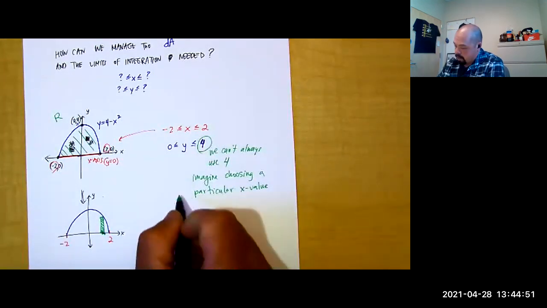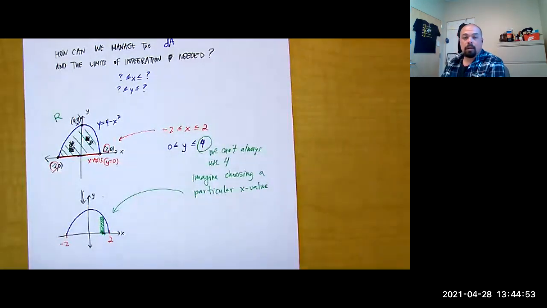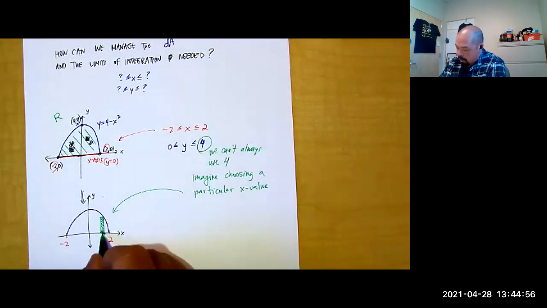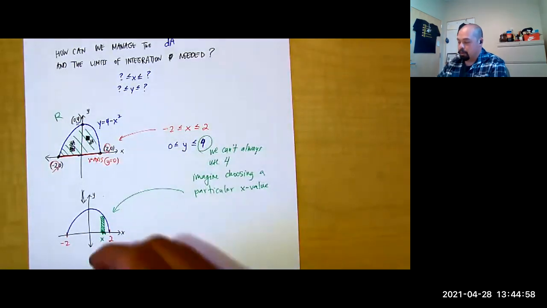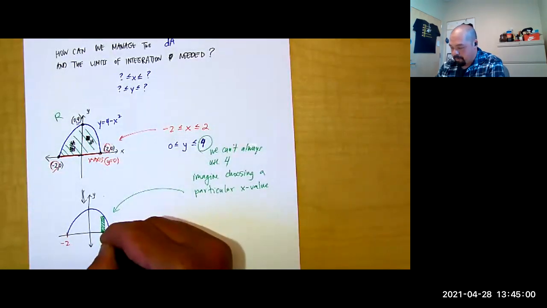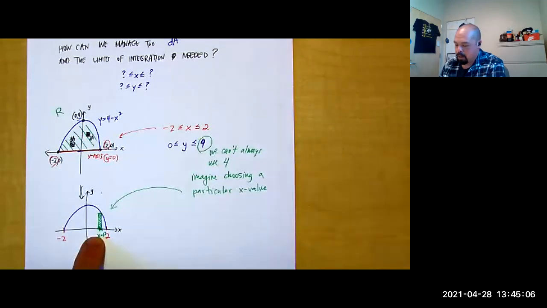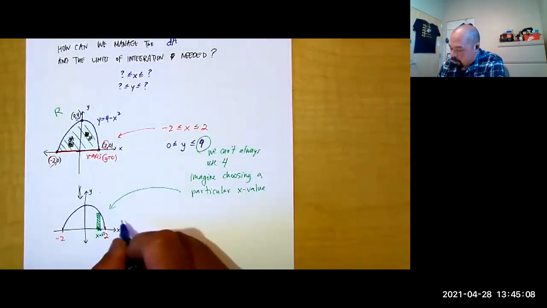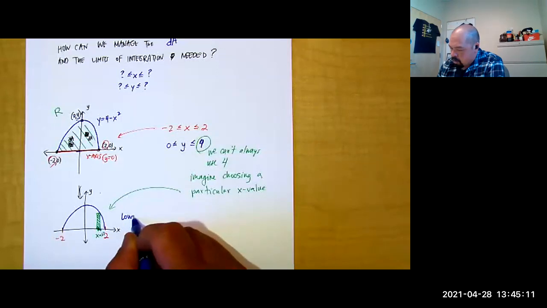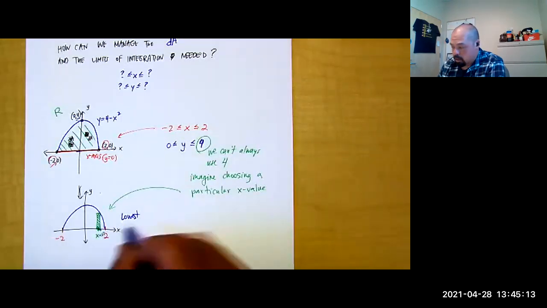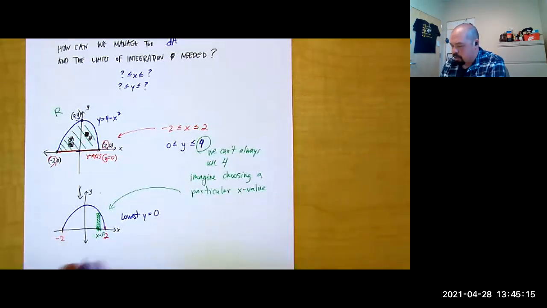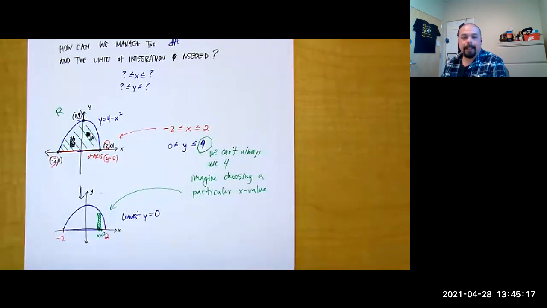What happens when I pick one particular little x, like x equals 1.2 or 1.4, whatever, some x here? In that rectangle, the smallest y is still 0. It's still going along that baseline.